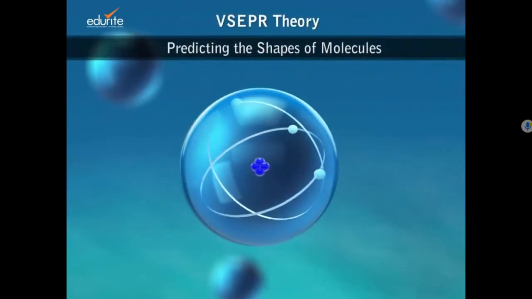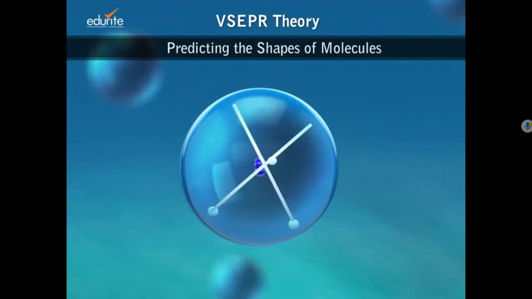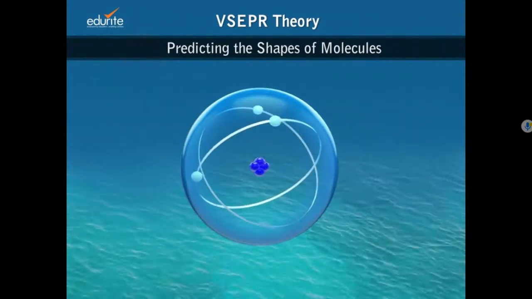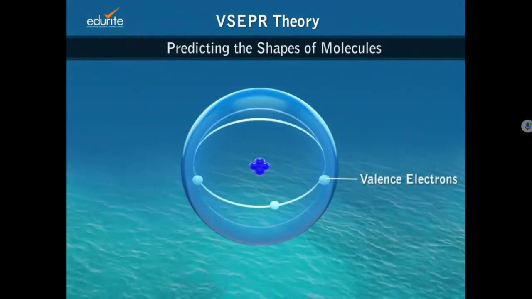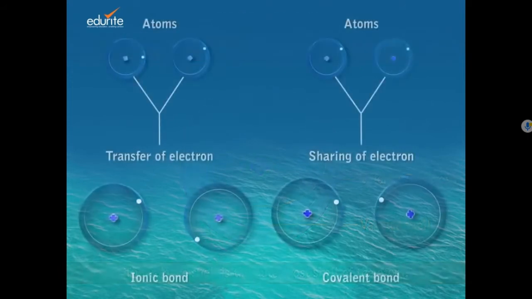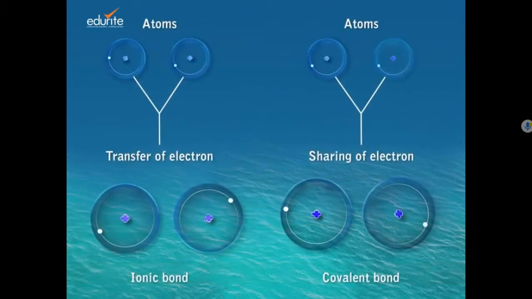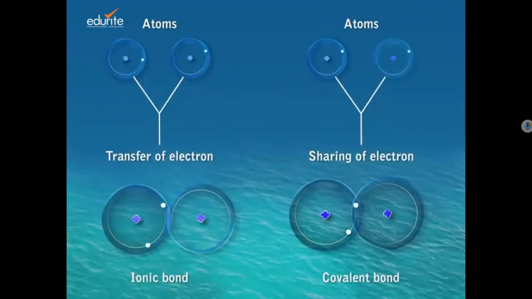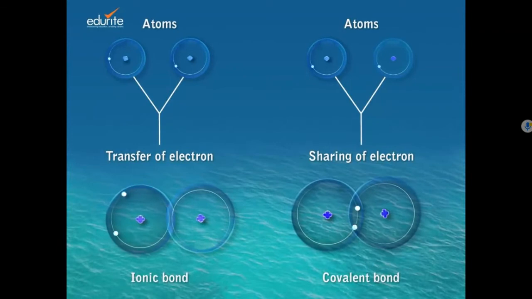Electrons are the negatively charged particles of an atom. Electrons that can take part in chemical bonding are known as valence electrons. These are found in valence shells, which are the outermost shells of atoms. A chemical bond involves either the transfer or sharing of valence electrons between atoms.